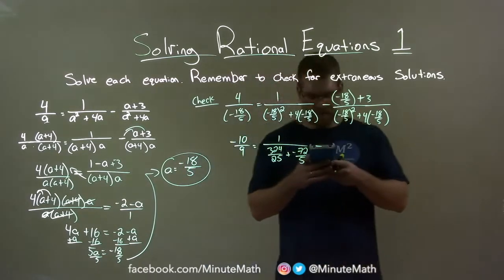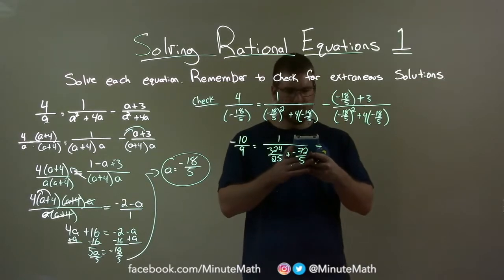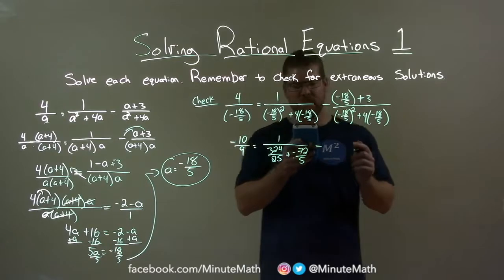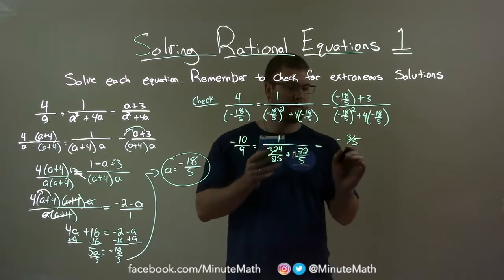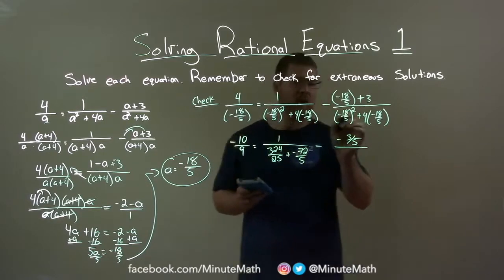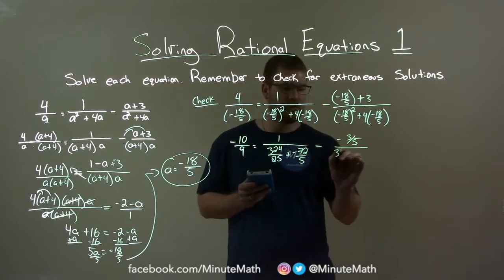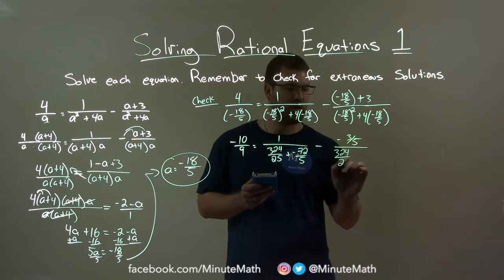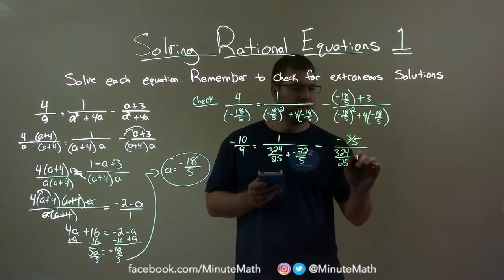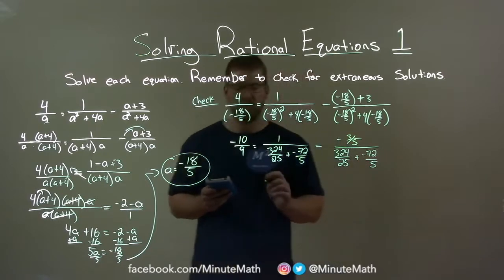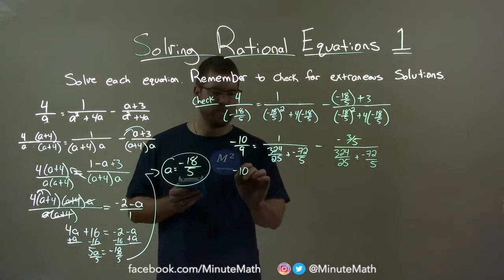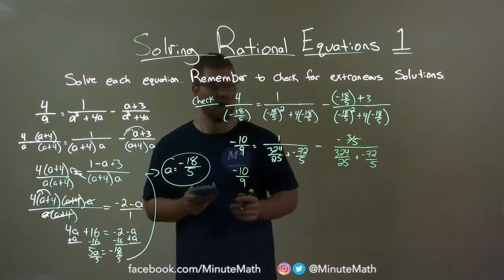Right hand side, negative 18 over 5 plus 3, and that as a fraction is a good old negative 3/5. Okay? Over, this denominator will be the same as this one, so 324 over 25 plus a negative 72 over 5. Let's keep going, left hand side, keep it the same, negative 10 over 9.